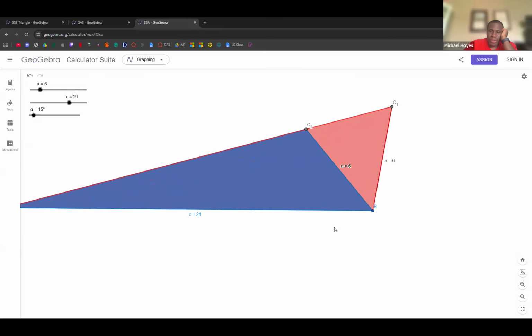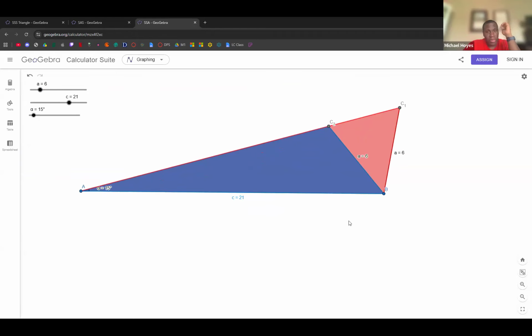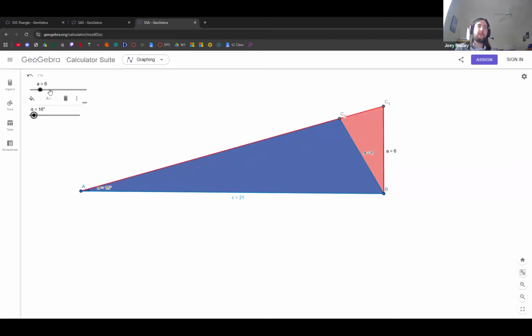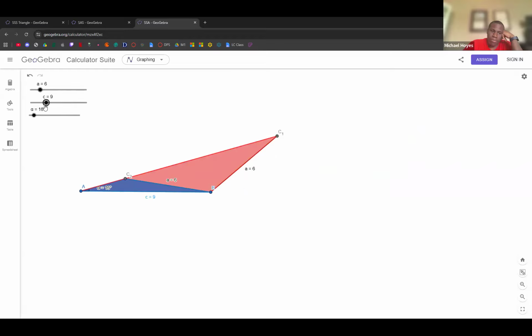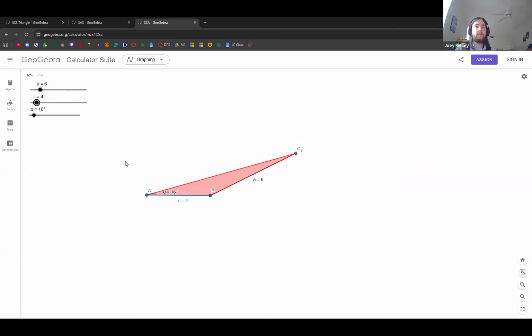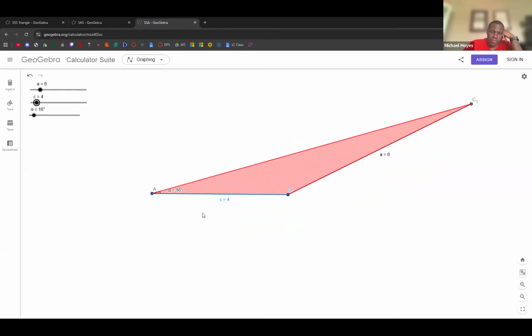Based on how this was built, what has to happen for the second triangle to disappear? It has to break that rule we talked about earlier, that the side length has to be less than the summation of the two shorter sides, right? So if C was like 4, C and A are the shorter sides, so they would add up to 10.